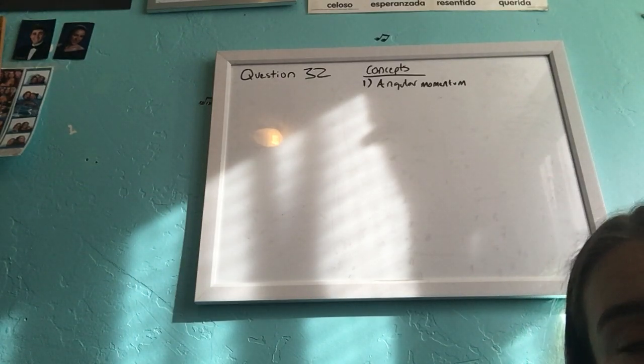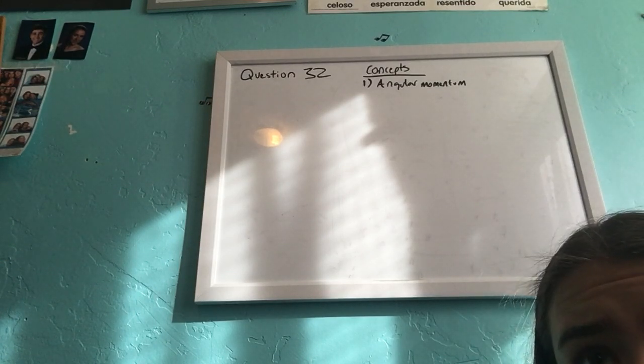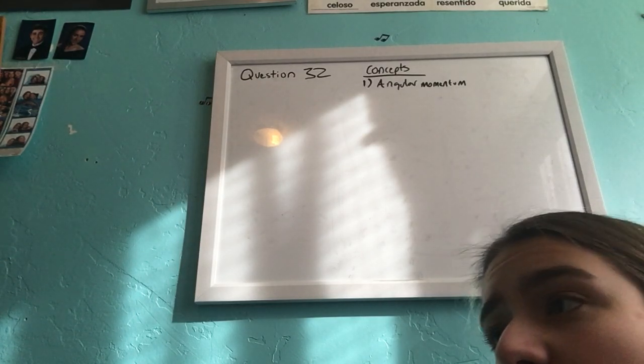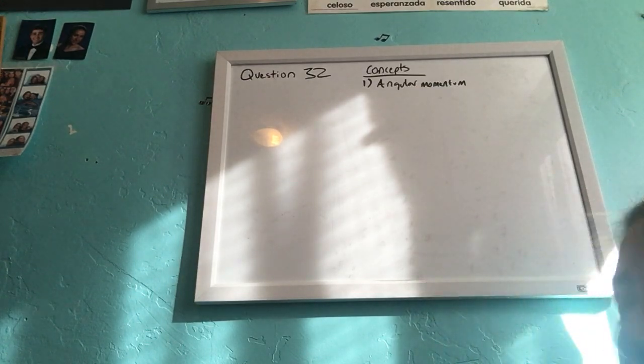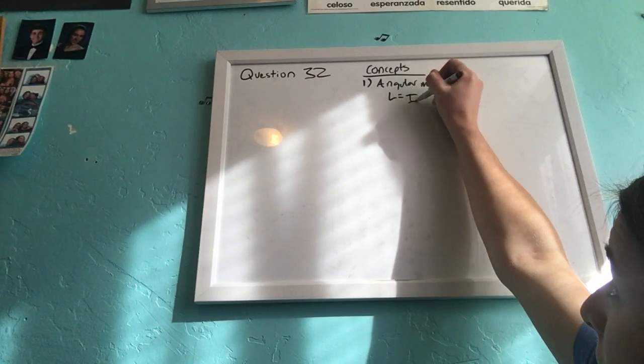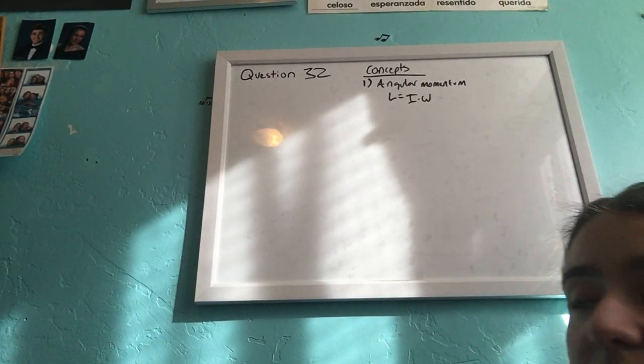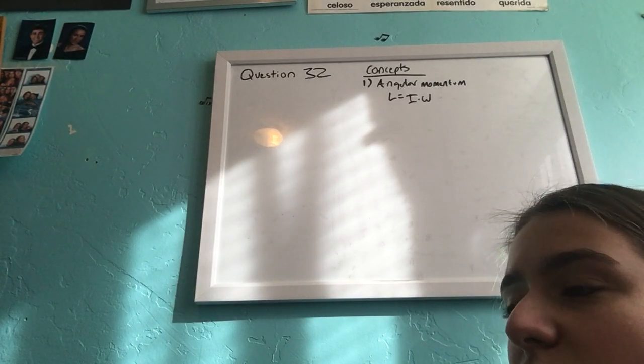And the other type of angular momentum, the one that we're going to be discussing in this question, is L equals I, which is moment of inertia, times the angular velocity. So I'm just going to write that down. And basically, this is when an object itself is rotating.